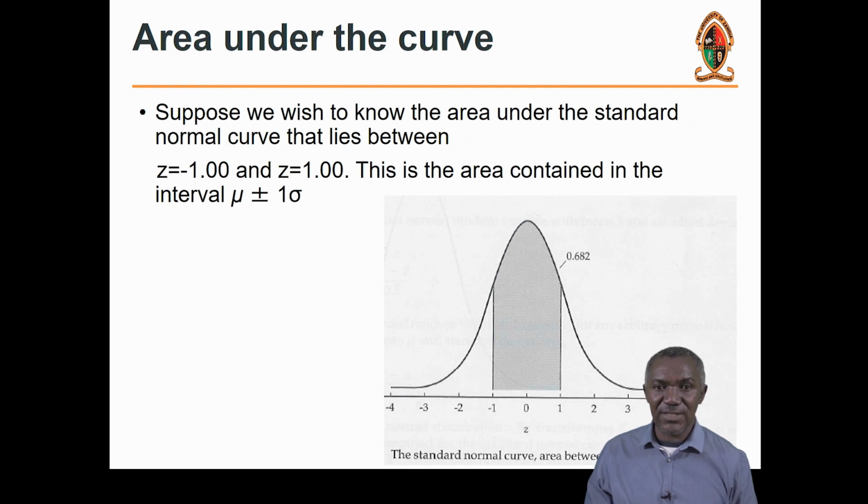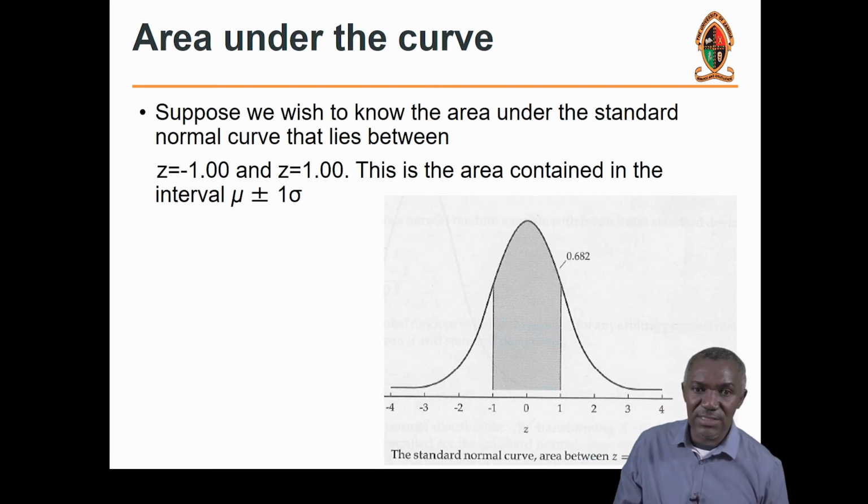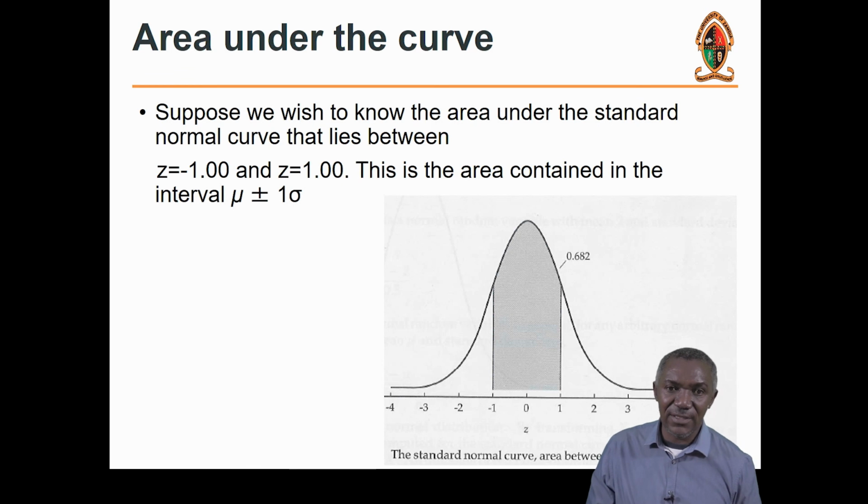If you talk about the area between one standard deviation below and one standard deviation above the mean, this area is 68%. So this area falls within 68%.